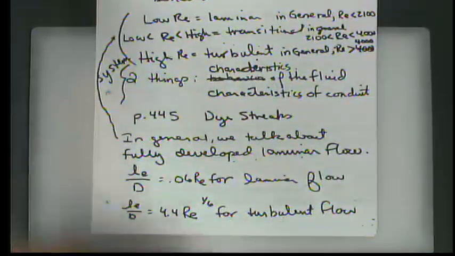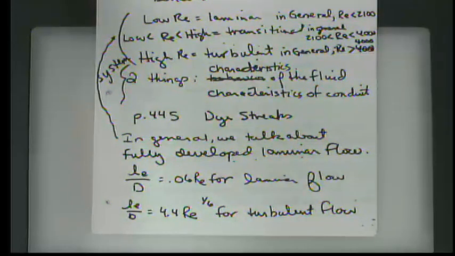All right, now there are two things that govern these ranges. Is 2100 really the point of transition between transitional flow and laminar flow? Well, it depends on the characteristics of the fluid, and it also depends on the characteristics of the conduit. So that's kind of where we're going with the rest of this discussion.